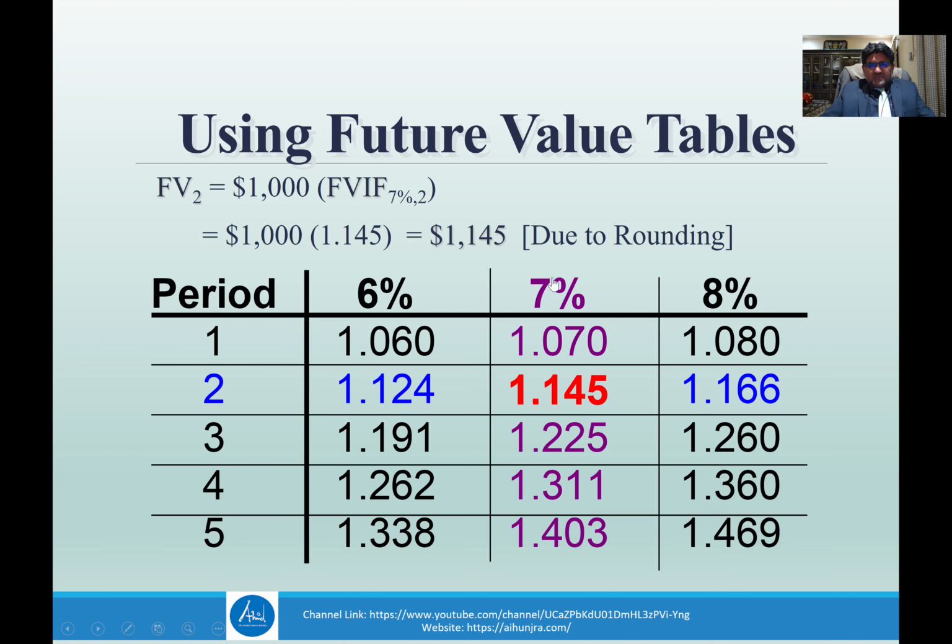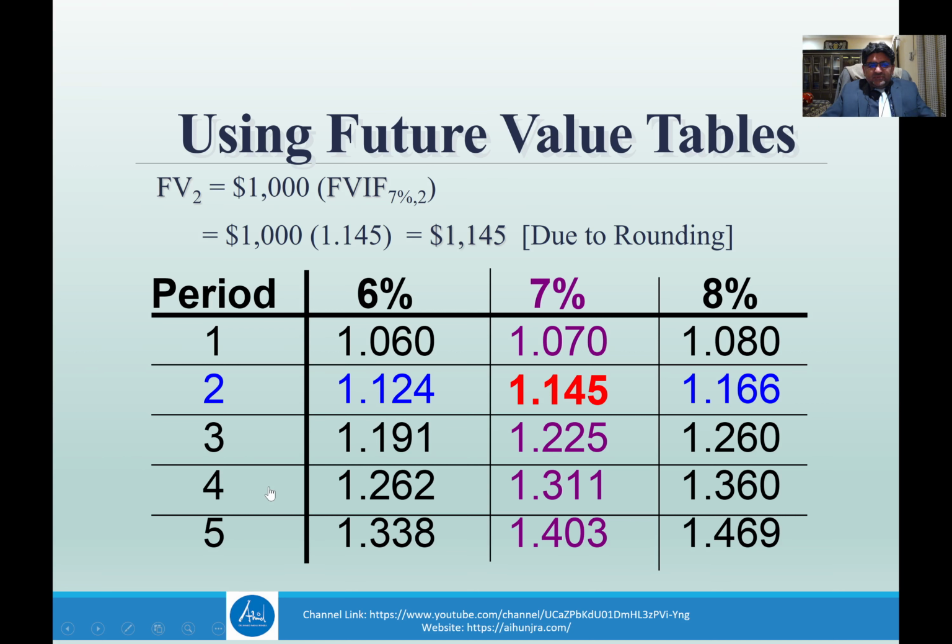Assume 7% and 4 years; the time is increased from 2 to 4. At the second year, the interest factor value was 1.145. If time is increased, obviously it increases: 1.311. What does it mean? It means the larger the time period, the more will be the interest factor value.